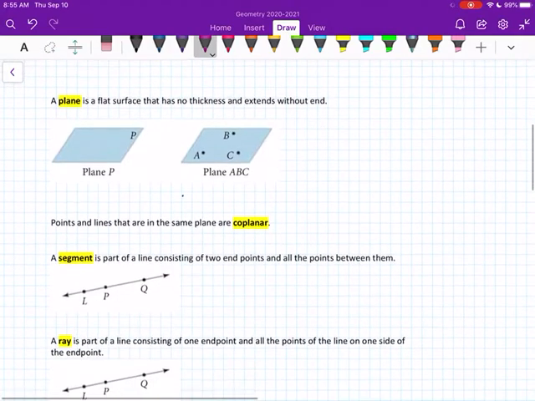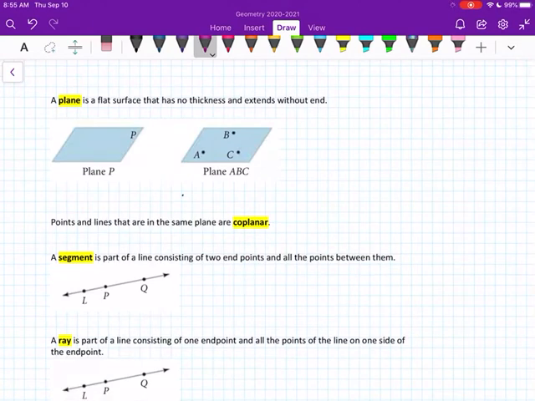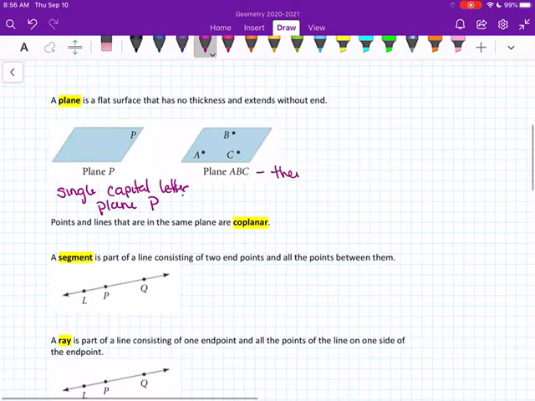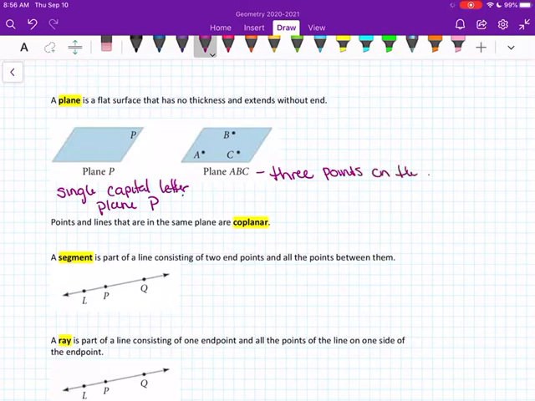Okay, back to planes. Planes are similar. You can either talk about it naming points or you can talk about it with a single letter. But for planes, instead of lowercase, we use a single capital letter. And we always put the word plane in front of it, whereas for a point, we don't write the word point. So plane P. Another way is using 3 points on the plane.